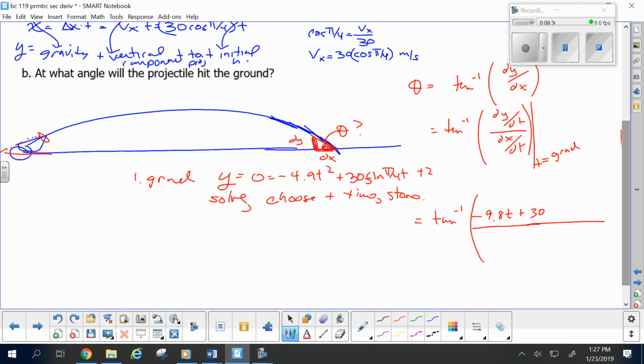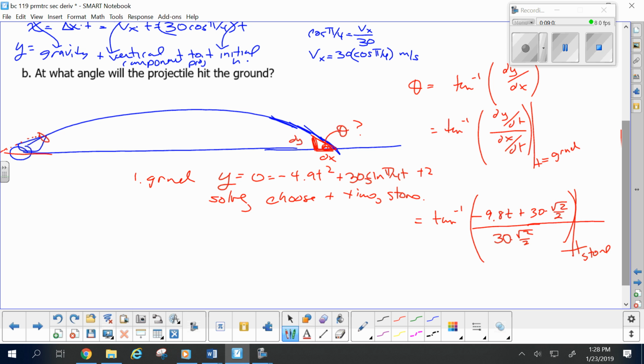What's sine of 30? Or sine of pi over 4? Root 2 over 2, and t goes away, yeah? All right, over, what's dx/dt? Root 2 over 2. Wait, at this time stored, or when it's hit the ground.